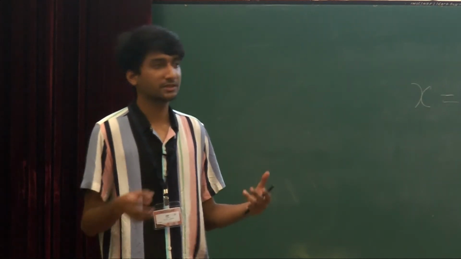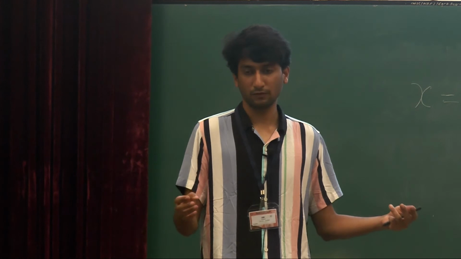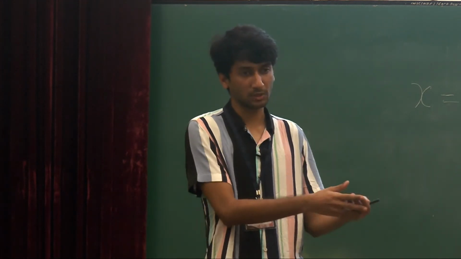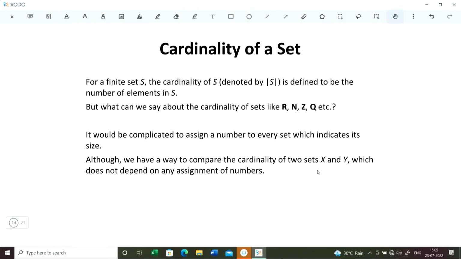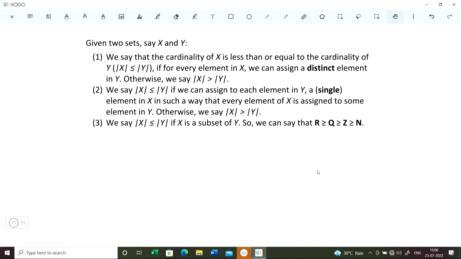We don't know how to assign numbers to the cardinality of natural numbers or the cardinality of real numbers. Fine, but we can have a strategy to compare them without assigning any number. So I would like you to take some time and read these 3 points, and try to understand what is going on.